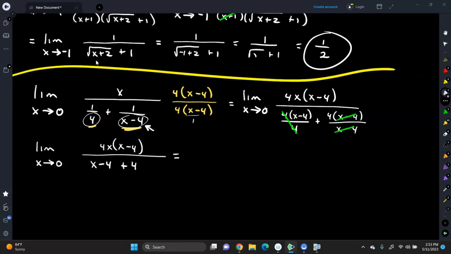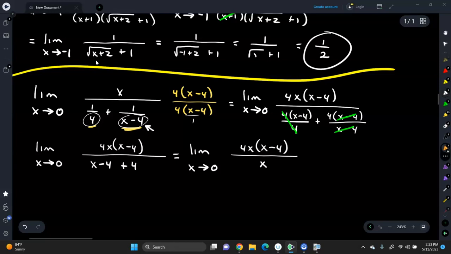So now we have the limit as x approaches 0 of 4x times x minus 4 over x. Well, that looks like a problem still, doesn't it? Because I've got a 0 in the denominator.